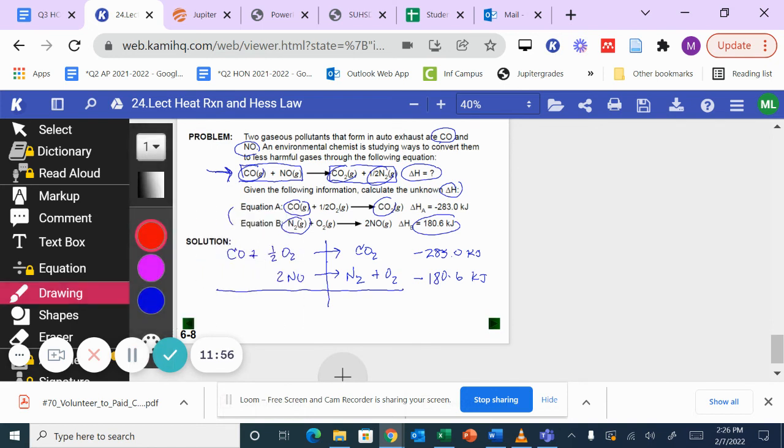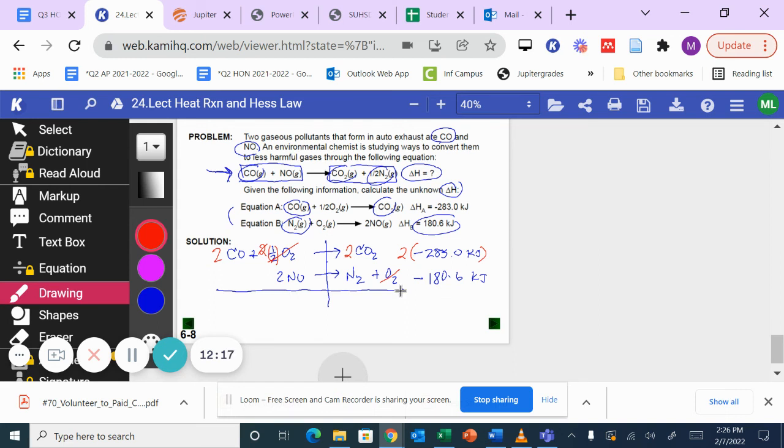Okay, I'm going to double this, double this, and double the kilojoules, the delta H, which means 2 divided by 2 equals 1, which means 1 O2 cancels with 1 O2. Does anything else cancel? Nope.